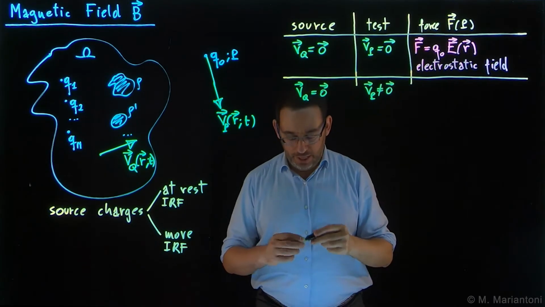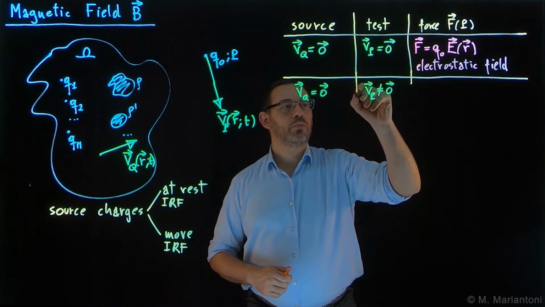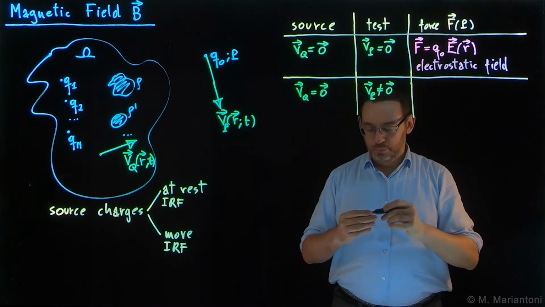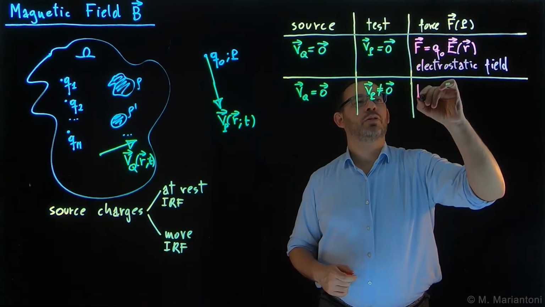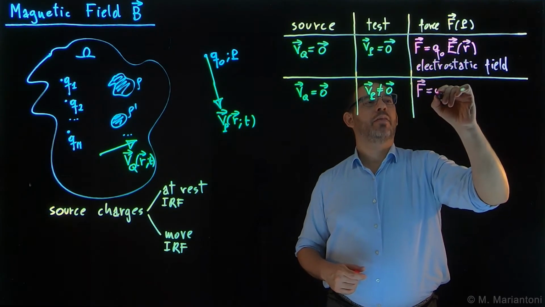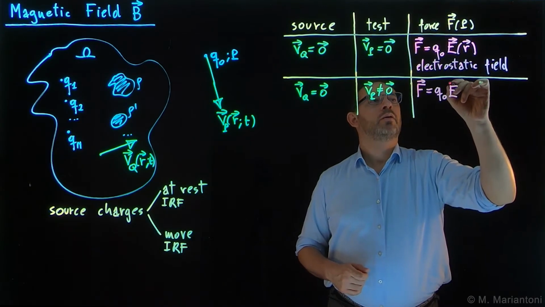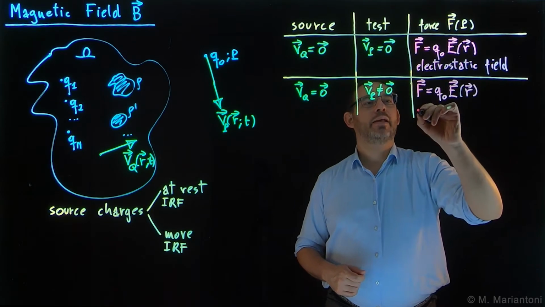And this is all from empirical evidence. It's all experiments that people have done, and they found all what I'm summarizing in this table. So from all this empirical evidence, people found experimentally that in this case, the force acting on Q naught is exactly the same as the one up here. So again, the source charges only create an electrostatic field.